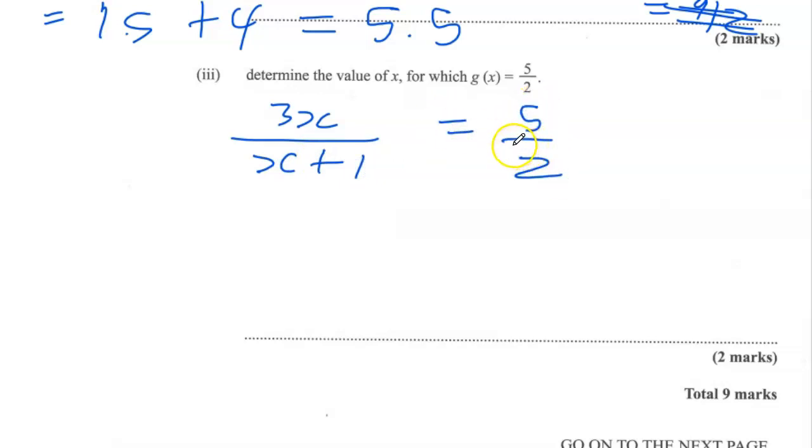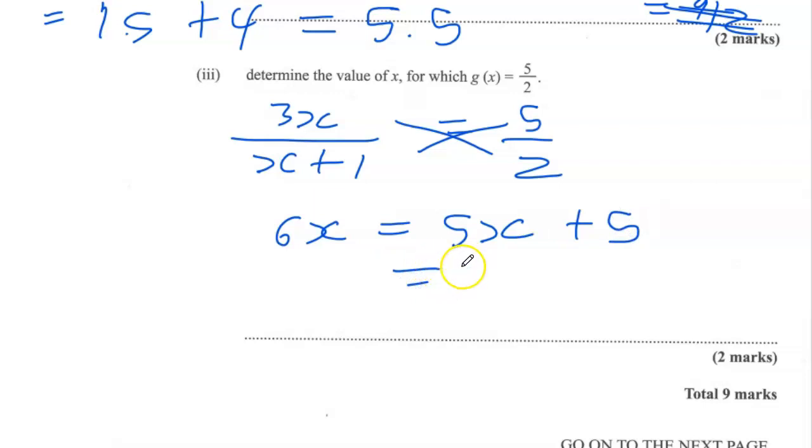Alright, so we can simply cross multiply there, right? So 2 times 3x, that's 6x. And 5 times x plus 1, remember, so 5 times the x, and 5 times 1. Now we transpose or solve for x. We have 6x minus 5x is equal to 5. So x is equal to 5.